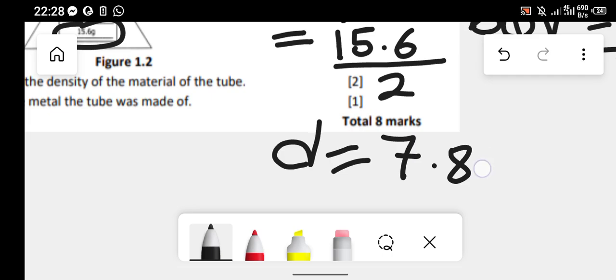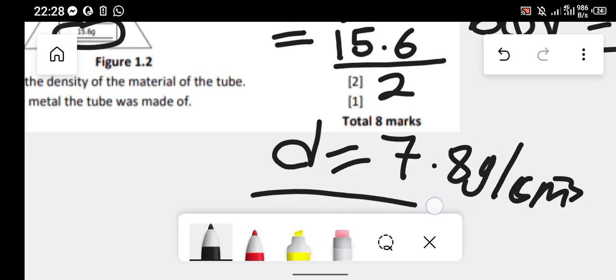The unit of mass is what? Grams per. What's the unit for volume? Centimeters cubic. And that's how you write the units for density. So this is the density of the tube.